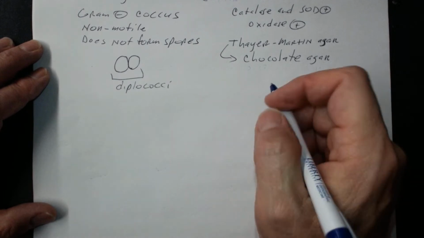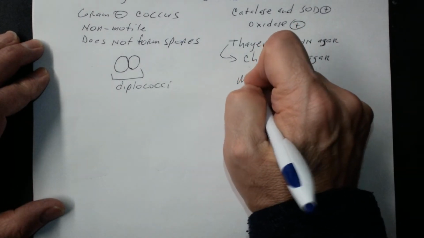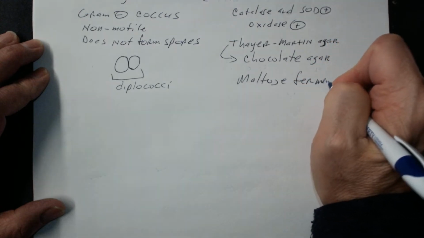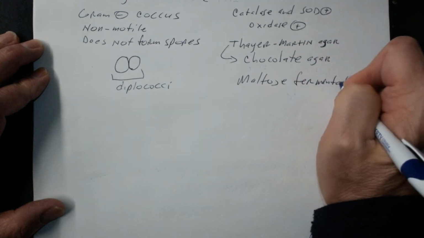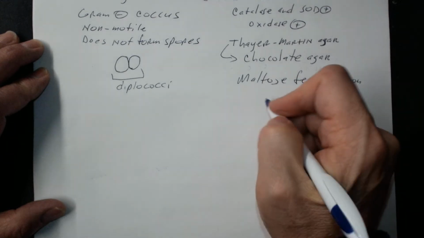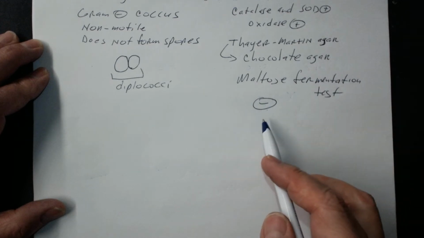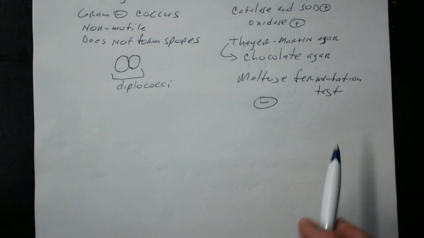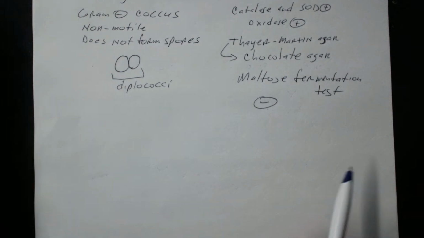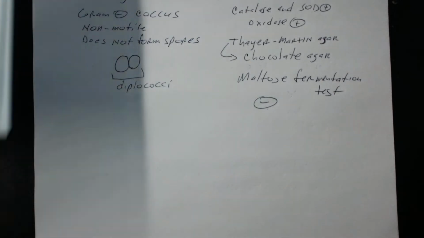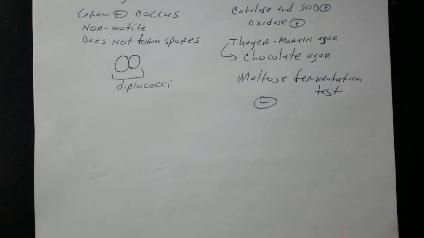Now, if you do a maltose fermentation test, Neisseria gonorrhea is negative, but Neisseria meningitidis is positive. So this is an important test for distinguishing between Neisseria meningitidis and Neisseria gonorrhea, because in a gram stain, these two organisms will look exactly the same.